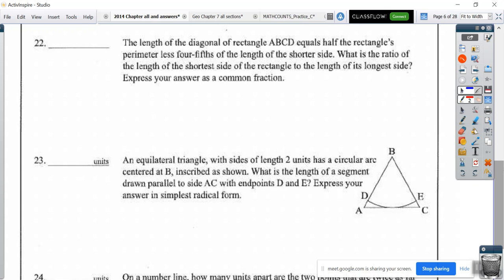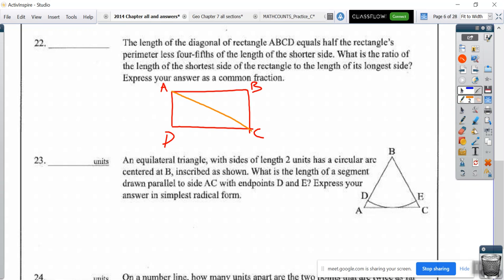So there's a lot of four-fifths and half of perimeter and stuff. So this is a good one to probably draw out first if you are having trouble visualizing it. And then also definitely writing equations. Okay, so here is our rectangle, and there is our diagonal.